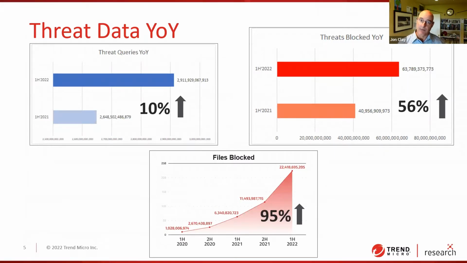So from first half 21 to first half 22, you can see 22 billion malicious files were blocked. People wonder about why we would be seeing this massive increase. We went from 1 billion in the first half of 2020 all the way to 22 billion in first half of 22. So in 2 years' space, we've added 21 billion malicious file detections.